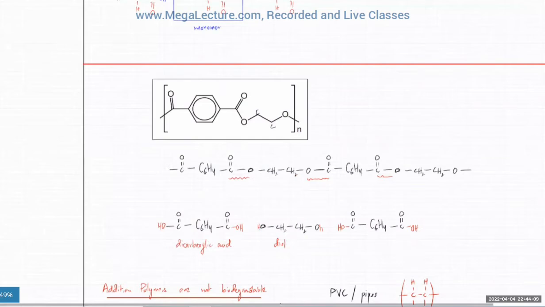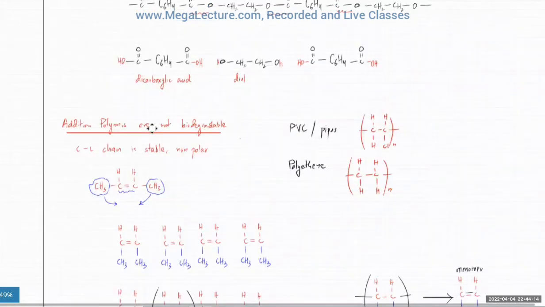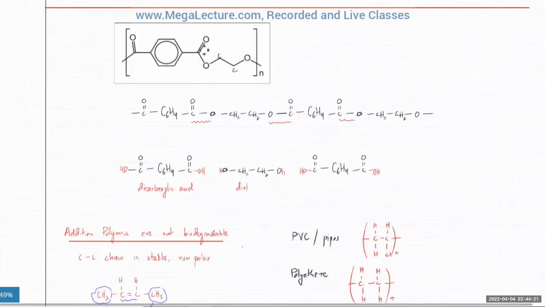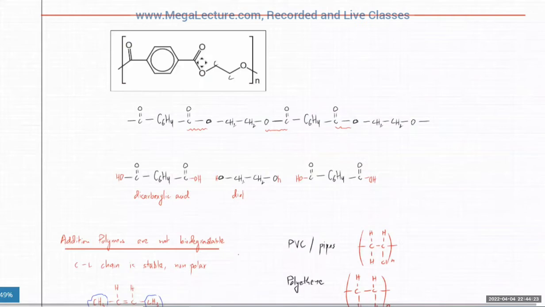For example, paper is a polymer, right? Tissue paper is a polymer, but it's very biodegradable. Why? Because tissue paper has polar linkages. Whenever you have a polar linkage, it's bound to react with something, mostly water. So tissue paper dissolves in water as soon as you put it in, simply because it's highly polar.